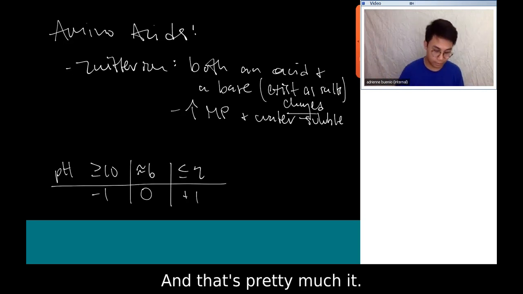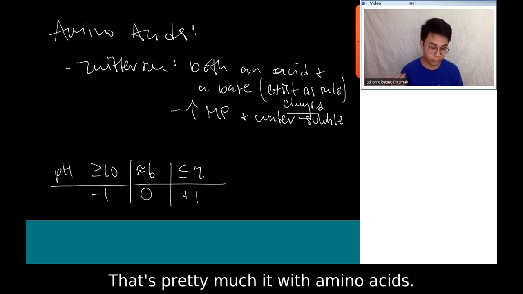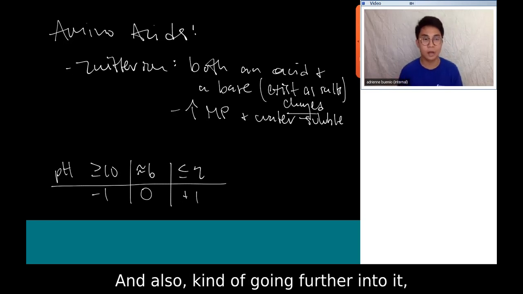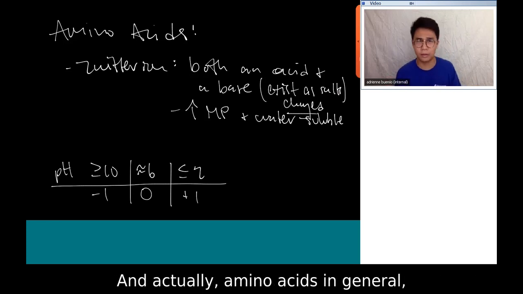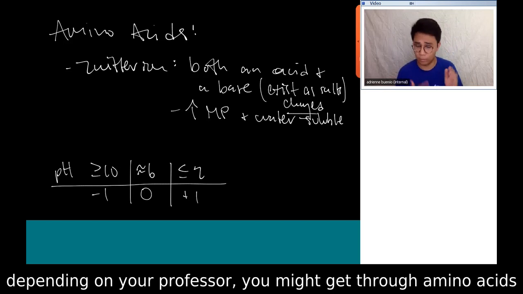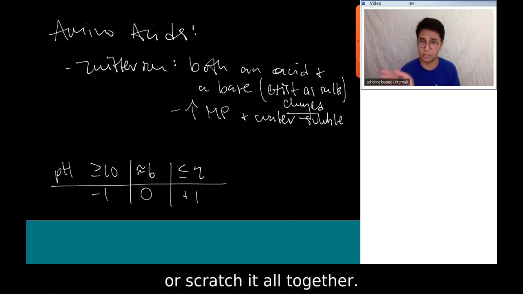Okay, and that's pretty much it with amino acids. Depending on your professor, you might get further into it or not. Depending on your professor, you might get through amino acids or scratch it altogether, right?